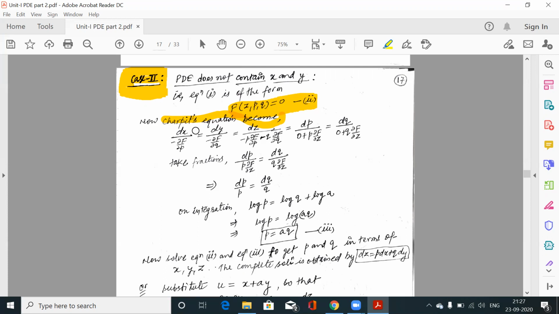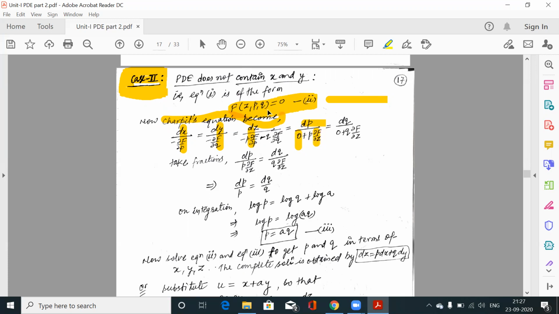We can directly go to the forward steps. How? So if this is a non-linear first order PDE, we can use Charpit's method to solve this equation. If we apply Charpit's method, we have to find the Charpit auxiliary equations, which is dx over this, dy over this, dz over this. And for dp, what we have in the denominator is del f over del x plus p del f over del z.